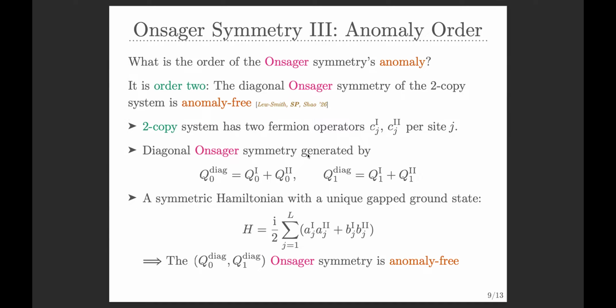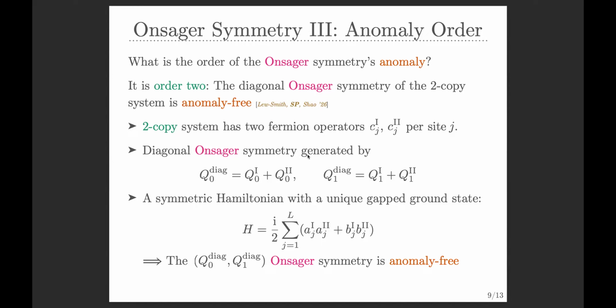And the following Hamiltonian here commutes with Q0 diagonal and Q1 diagonal. And it also has a unique gapped ground state. It's very easy to see that. You can build new complex fermions built out of only the A's and only the B's, and then this is just a particle number term for those complex fermions.